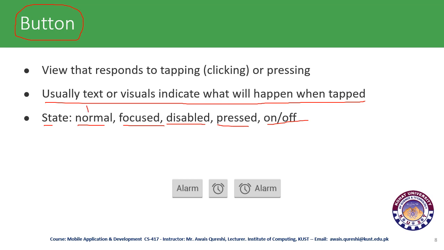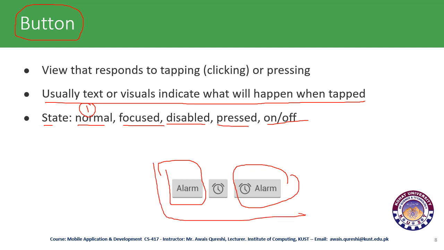The first one is the normal state. Like you can see here, the button is in normal state. This button is also in normal state. These are examples of buttons. You have already seen buttons while programming in Android. The second state is focus, and then the disabled state.